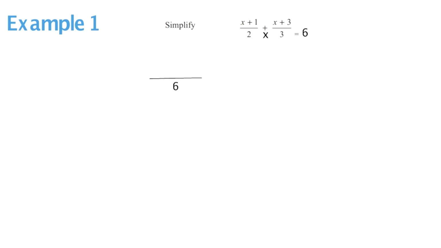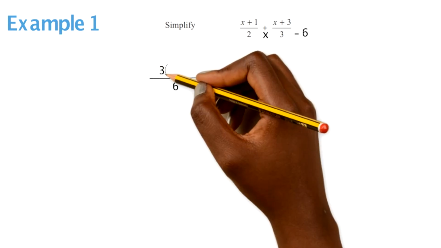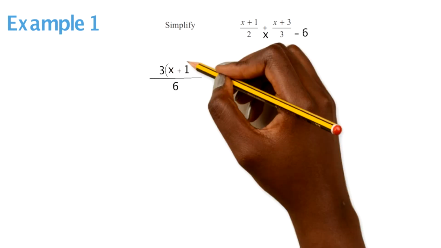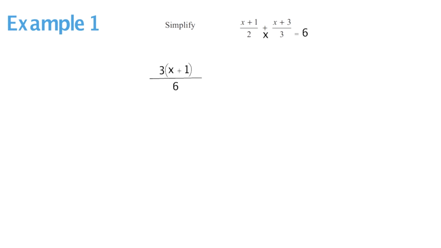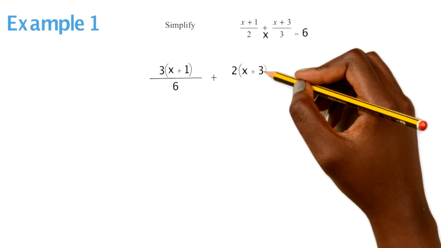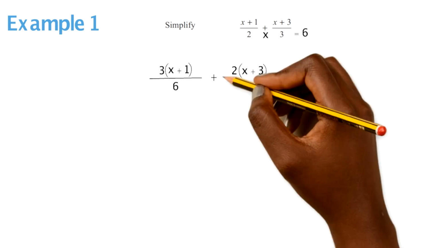And then what we're now going to do is we're going to multiply the numerators by the opposite denominator. So that's going to be 3 multiplied by x plus 1. Remember, if you've got a whole number multiplying by brackets for factorization, put the whole number in front. That's the correct way to write it. And again, on the opposite end, it's going to be 2 multiplied by x plus 3. And again, the denominator of 6.